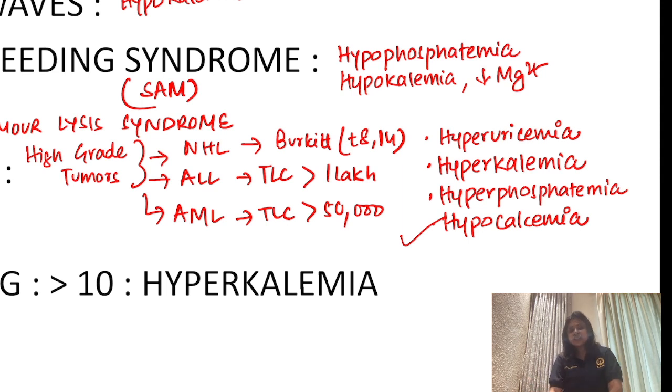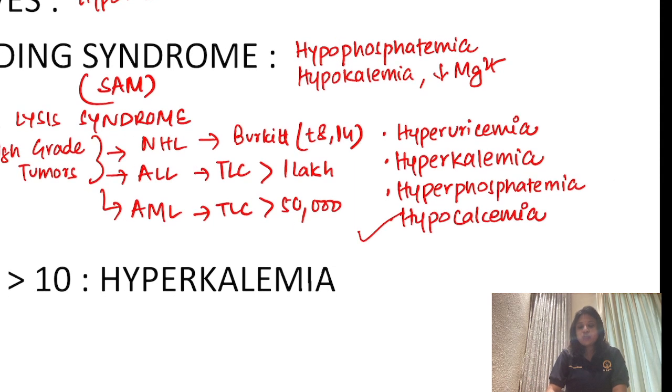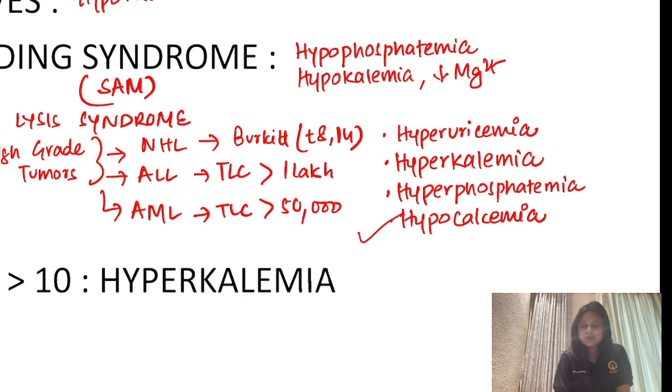So how can you manage such a condition? So for hyperuricemia, you need to give rasburicase. If rasburicase is not available, you can give allopurinol.